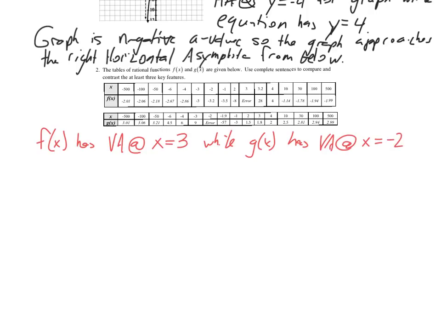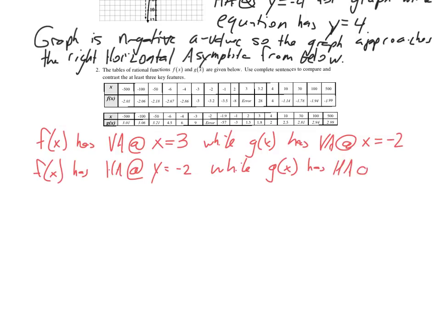And also note that they don't have the same horizontal asymptotes. So f of x has a horizontal asymptote at y equals -2, while g of x has a horizontal asymptote at y equals 3.